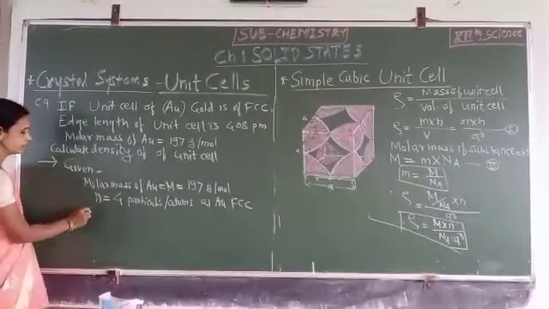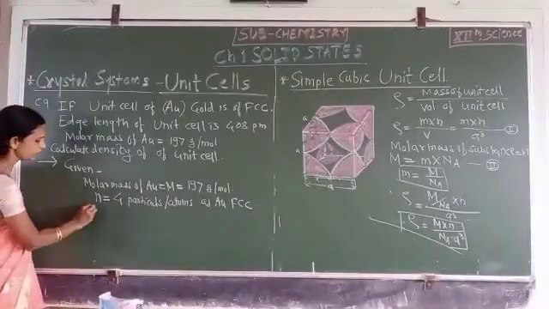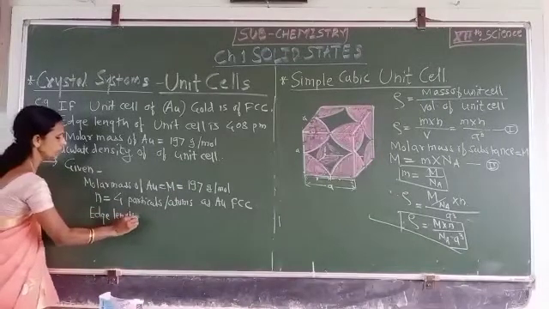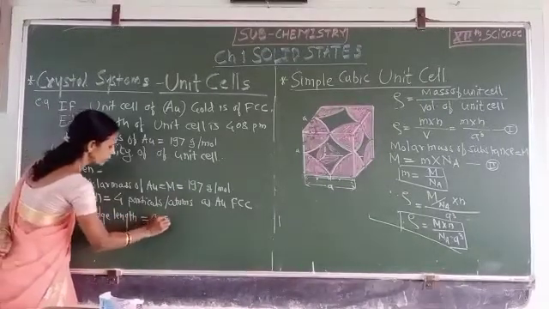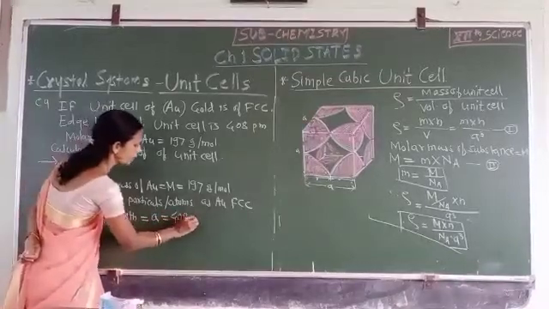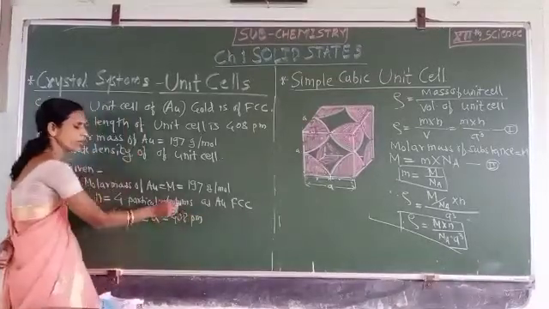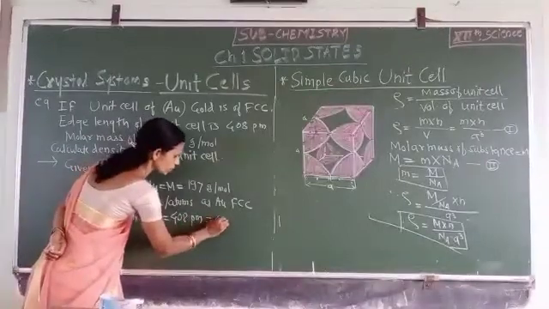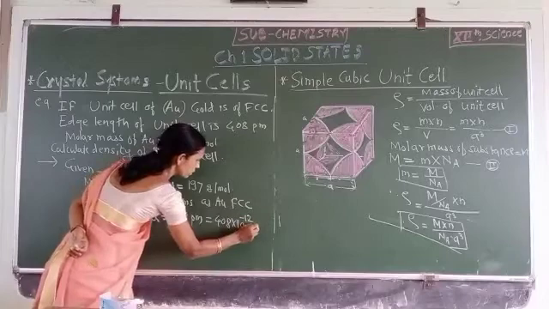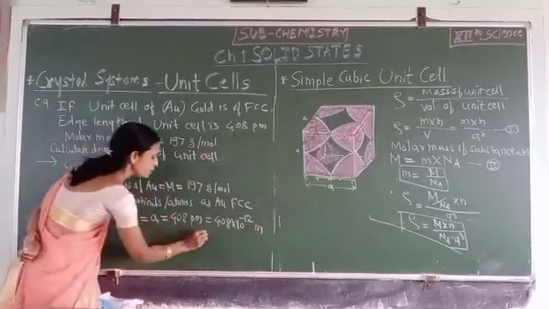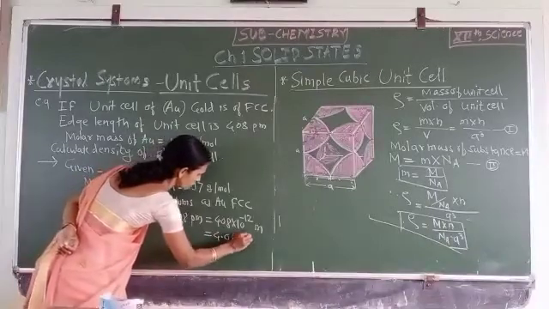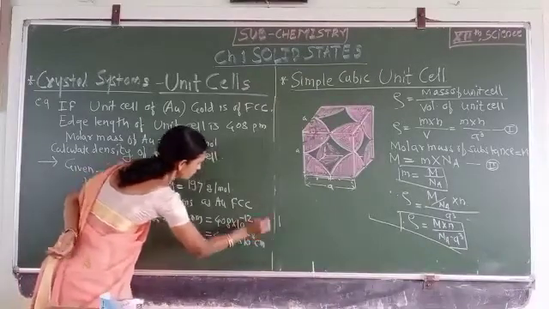And the edge length, which is given here and denoted by A, is 408 pm. 408 pm means 408 into 10 raised to minus 12 meter, or 4.08 into 10 raised to minus 8 centimeter.